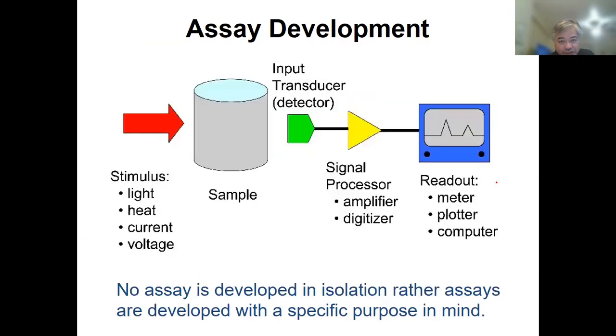Okay, so the way you do the assay, you look for a stimulus that acts as a signal. Okay, or a stimulus that when you put in your sample will produce a signal. So it can be light, heat, current, voltage.